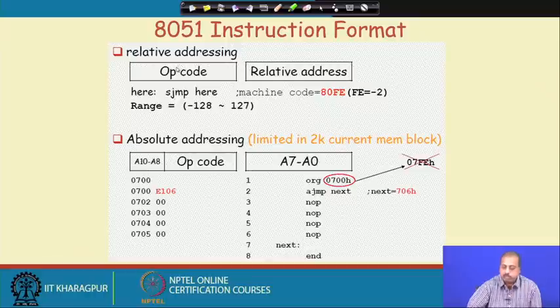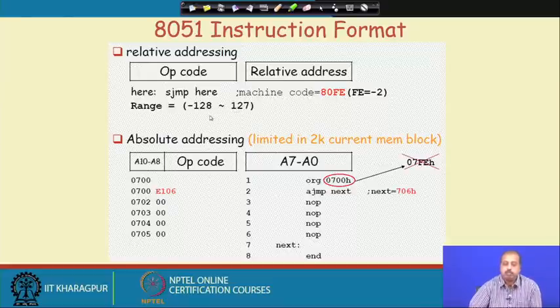So this relative jump looks like this: it is an SJMP instruction, SJMP and then the address where you want to jump. The SJMP structure is the opcode followed by a relative address, and this relative address is in the range of -128 to +127.